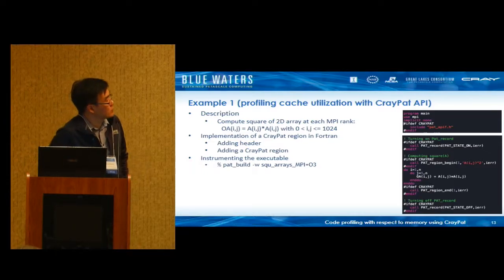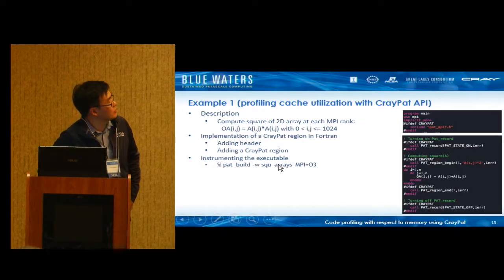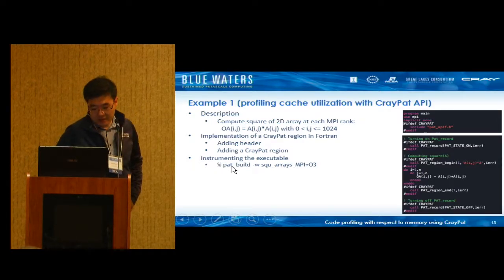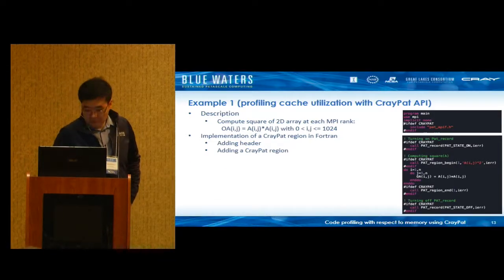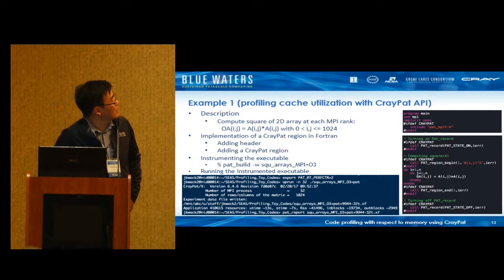And then I instrument the executable binary. The binary name is squ_array_mpi_O3, so I do pat_build -w and the executable file name. And then I ran the instrumented executable. This is under interactive bash mode, and you can also do it with a job script. First of all, I set my hardware counter.